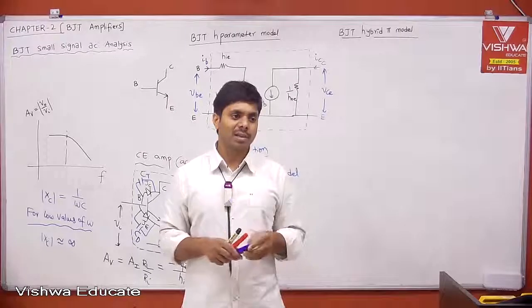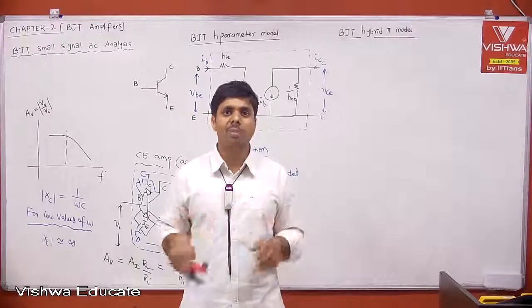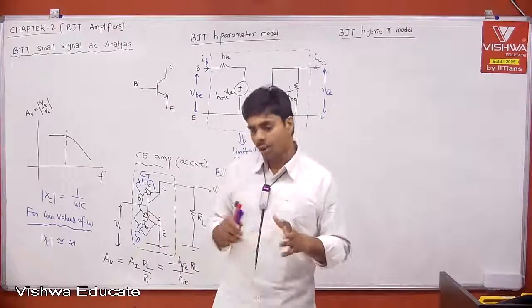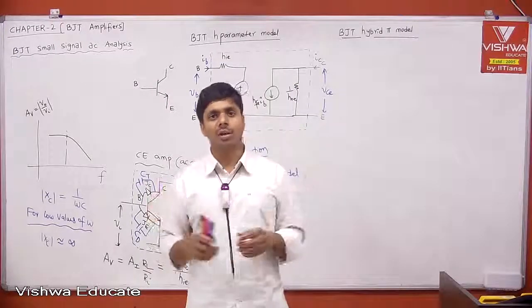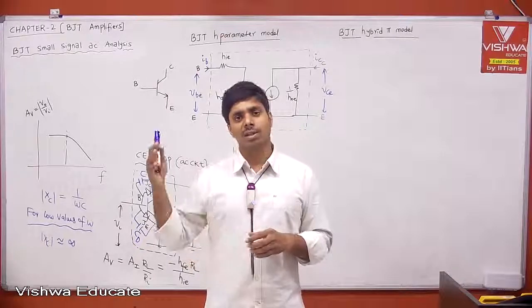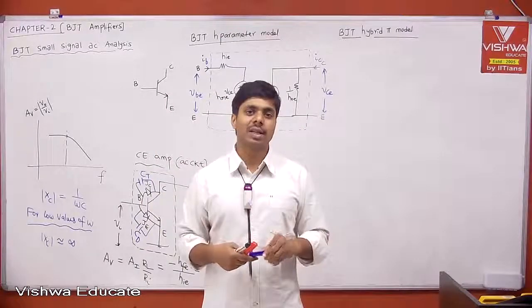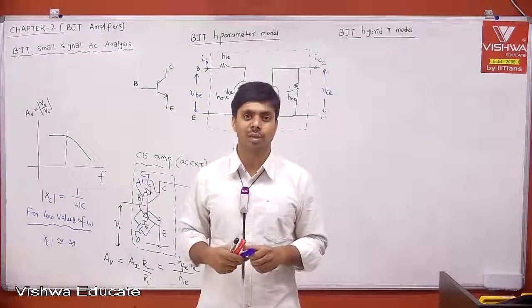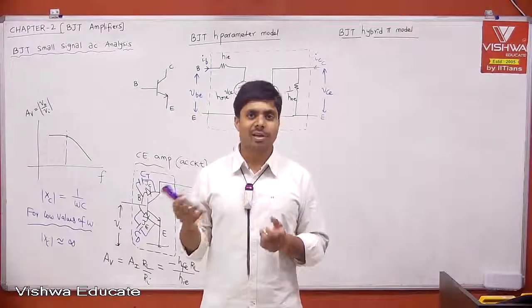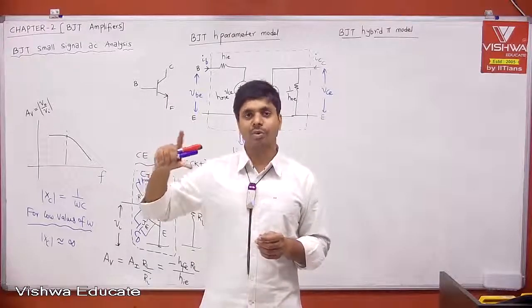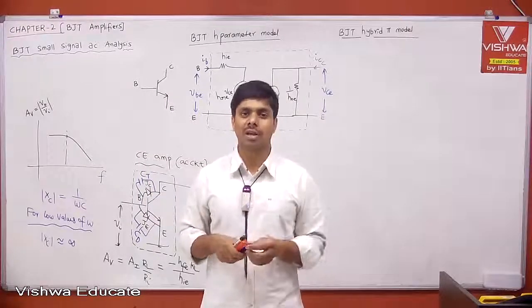People used a kind of Y parameter model. Based on the operation of your MOSFET, the output current, which is the drain current, depends on the input gate to source voltage, not the input gate current. Gate current is equal to 0, but the gate to source voltage is what controls your output current.